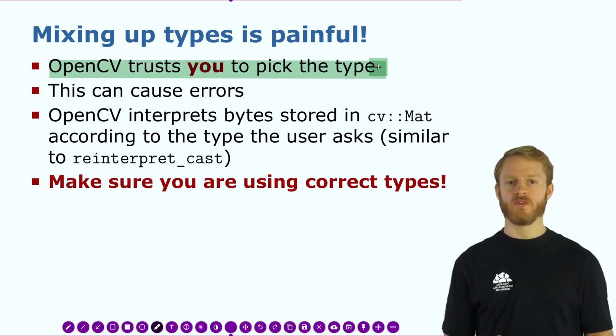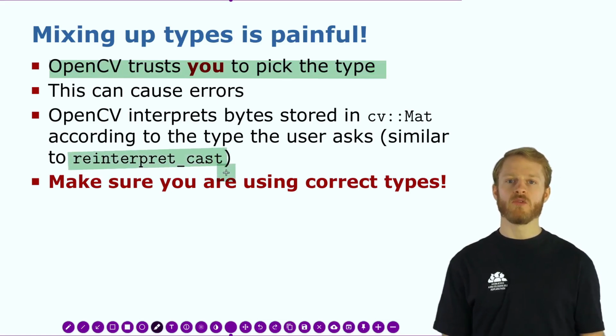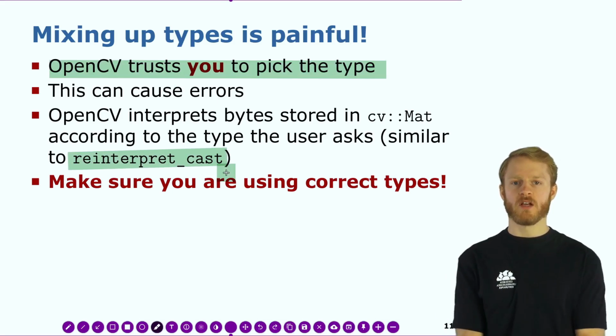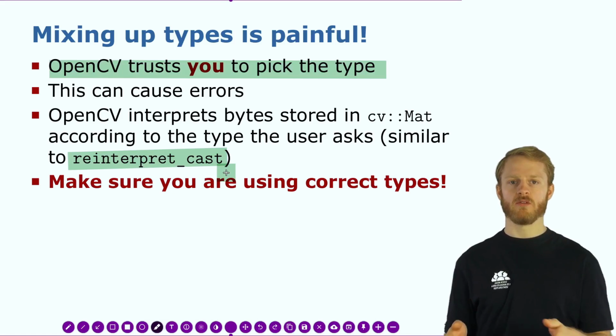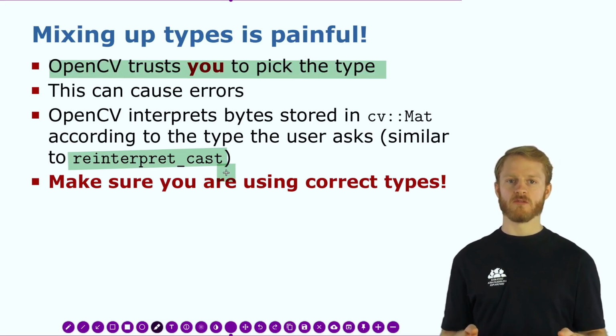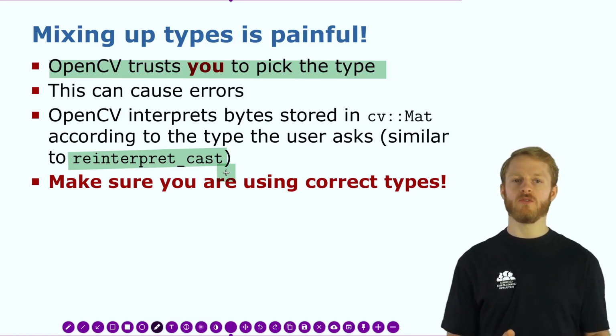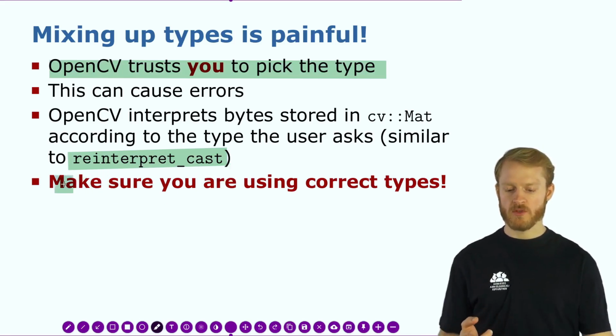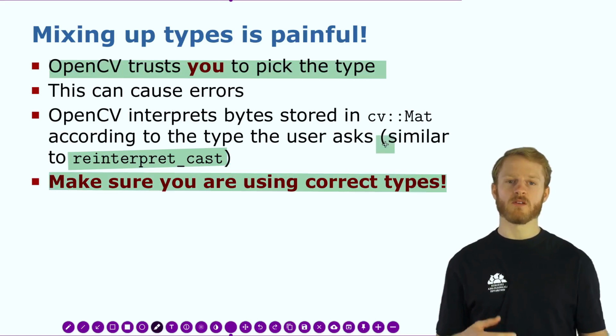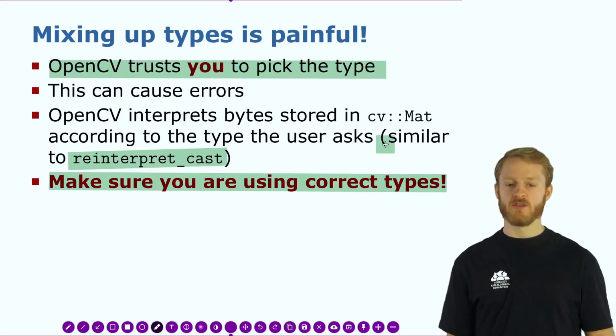When we read it, if we tell OpenCV to give me the content of this matrix, reinterpreting it, so we say read this element as a character, it will actually give us 2 elements, because this matrix is 2 bytes, and you say that I should give you characters, or 1 byte at a time, so it will give you 2 elements. So you have to make sure that you are using the correct types, because again, OpenCV trusts you to pick the type.